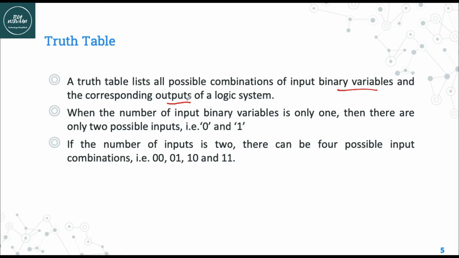All the combinations of input and output are represented in tabular form, and it is called a truth table. When the number of input binary variables is only 1, there are only two possible inputs, that is 0 and 1. If the number of inputs is 2, then there can be 4 possible inputs: 0 0, 0 1, 1 0 and 1 1.